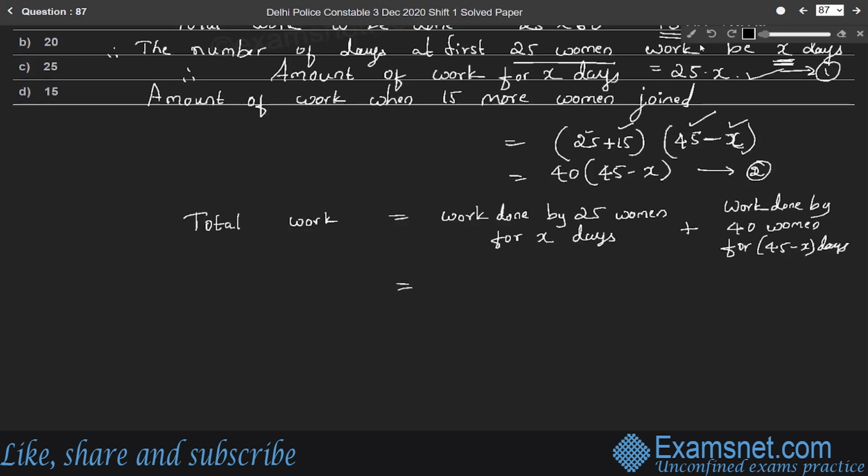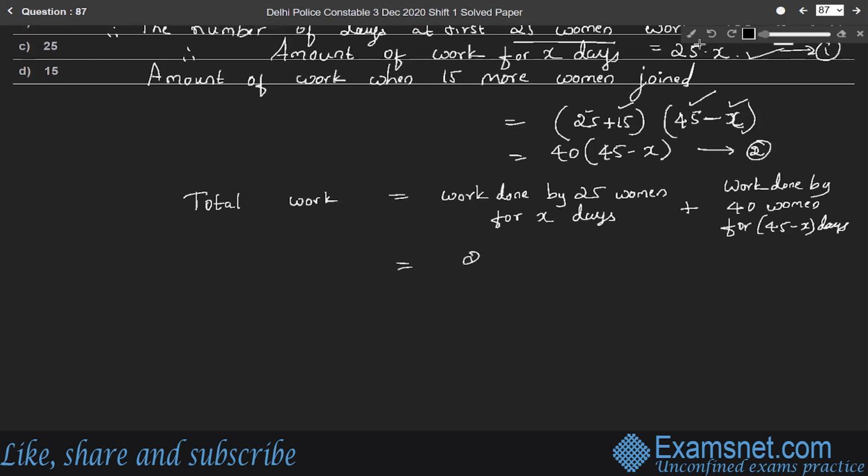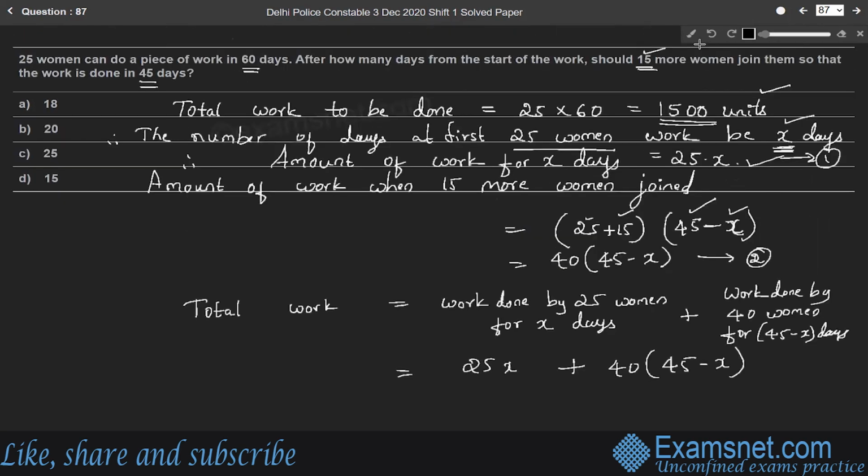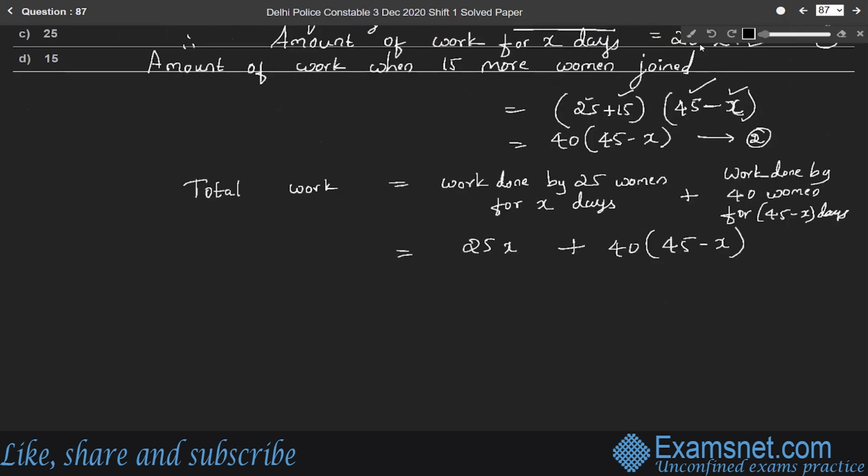Are you getting it? Work done by 25 women for X days is 25X, plus work done by 40 women for 45 minus X days. So the total work done is 1500 units.